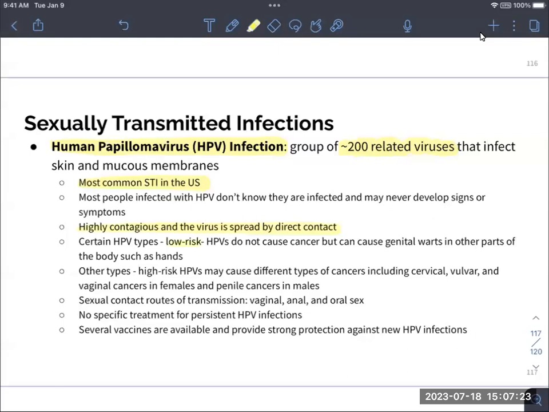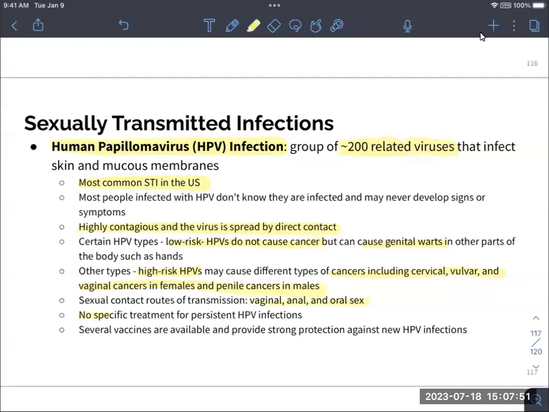Some types are low risk and do not cause cancer, but can cause genital warts. In other parts of the body, you can get warts on your hands. Other types are high risk HPVs. These are usually cancer causing: cervical, vulvar, and vaginal cancers, and penile cancers in males. Sexual contact, whether vaginal, anal, or oral sex, can pass the human papillomavirus.